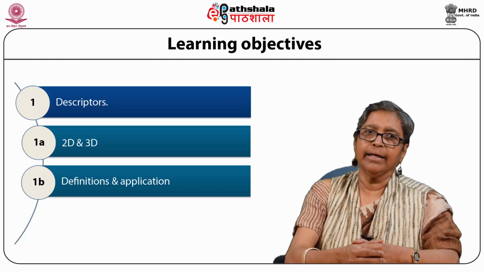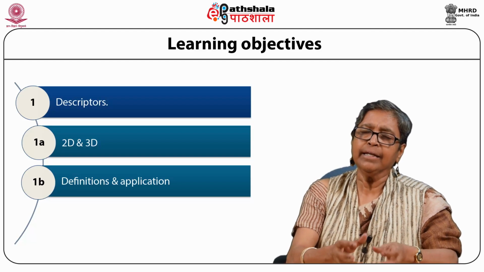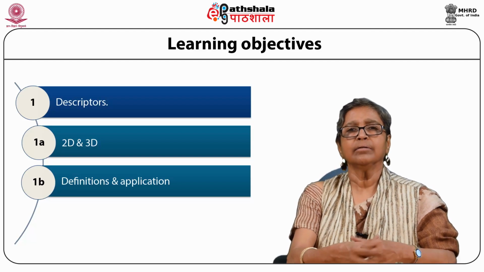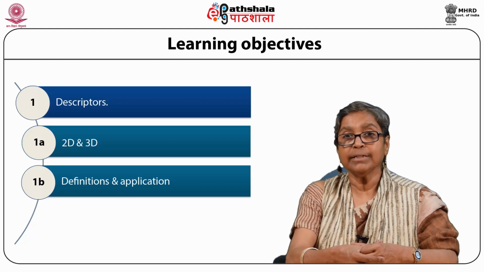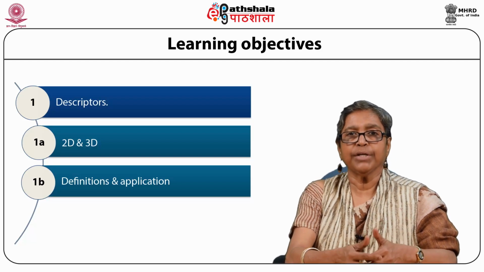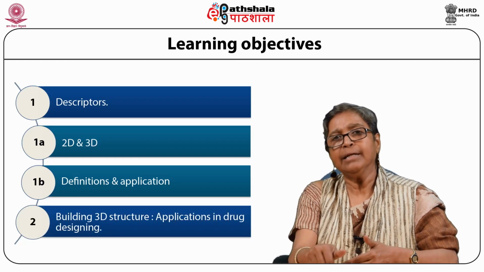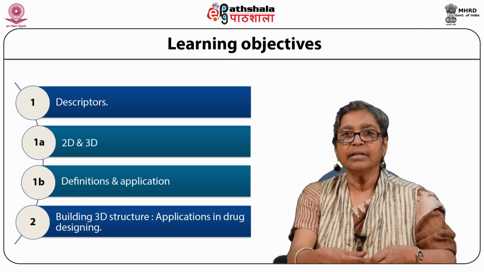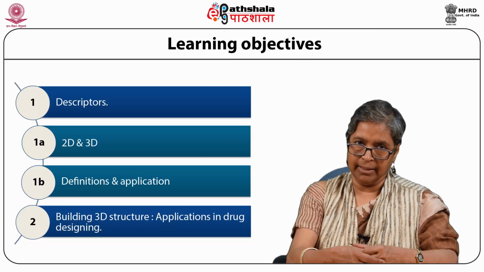In the beginning, we will be learning mostly about 1D or 2D descriptors. Next will be how to generate 3D structures from these notations and what their applications are in understanding drug design.